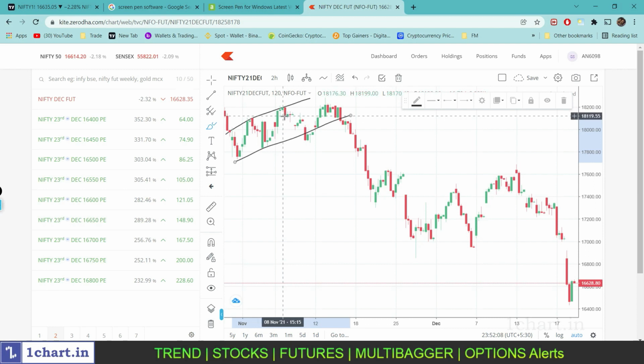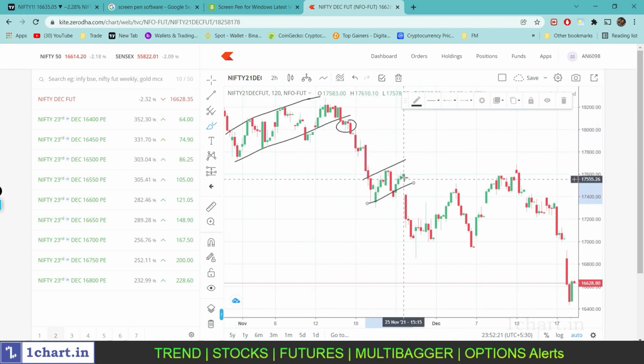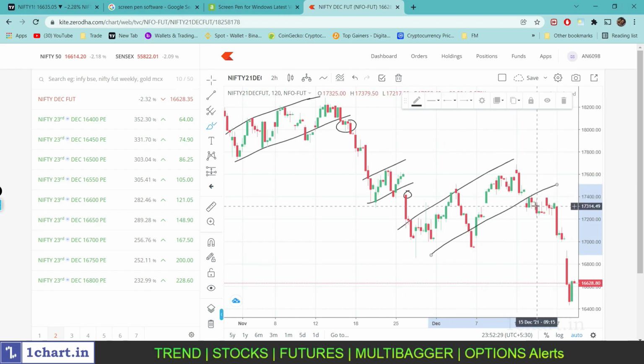After that go to the original chart and find the pullbacks. Here breakout happened, another pullback, here the breakout. So another big fall.